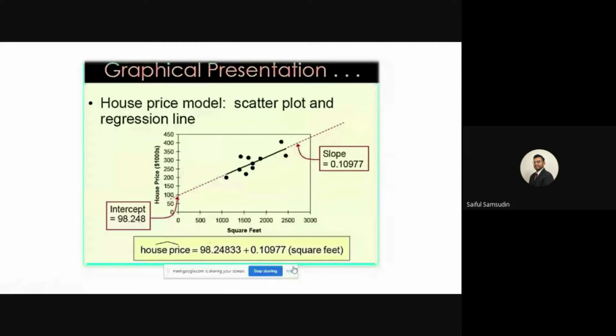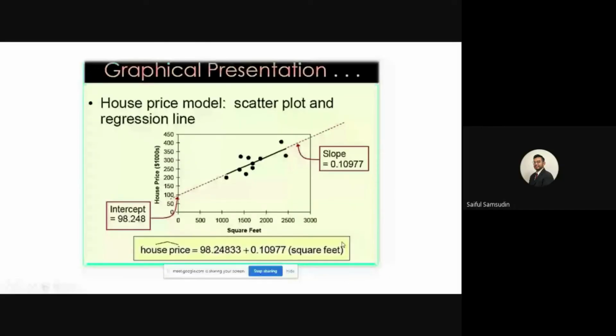So if you don't have the house price, but you got the square feet data, you can predict the house price just using this equation.